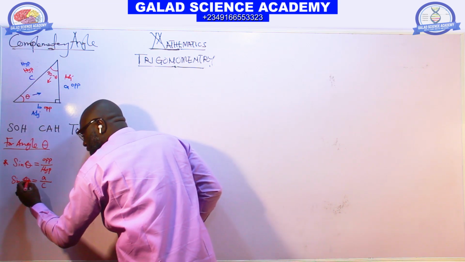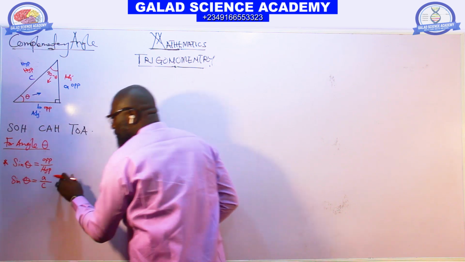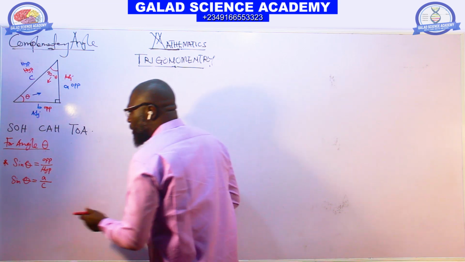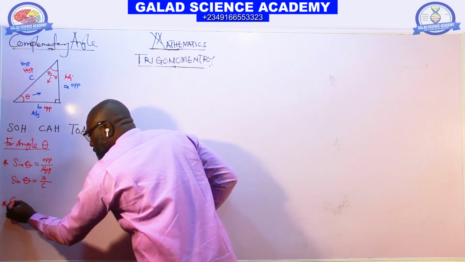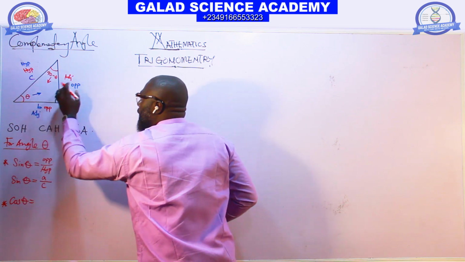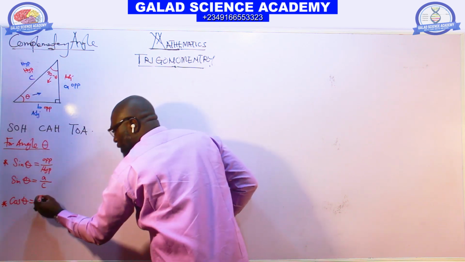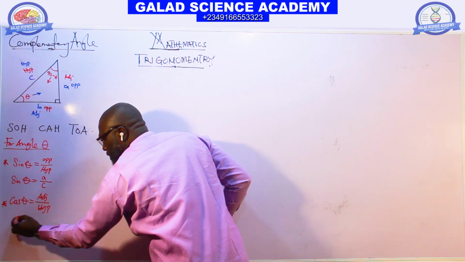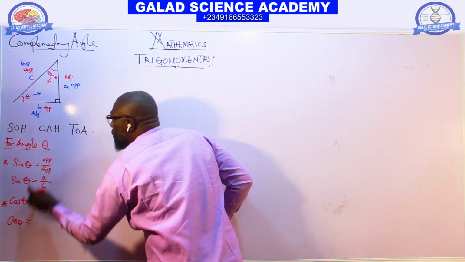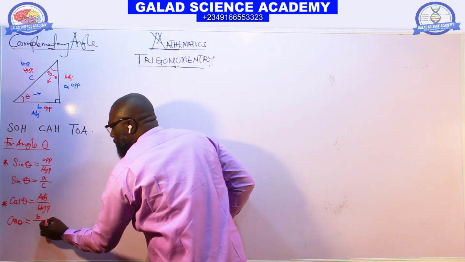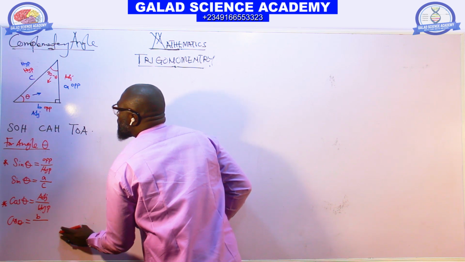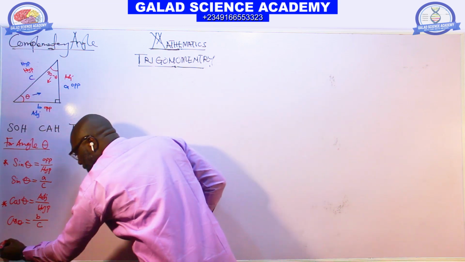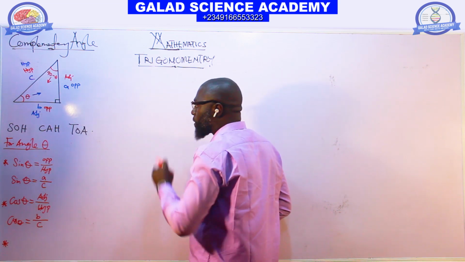This is for sin theta. So the next one, let me look for cos theta. Cos theta will be adjacent over hypotenuse. Cos theta will be B over C. And the third one is tan.